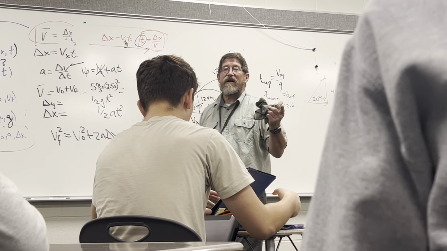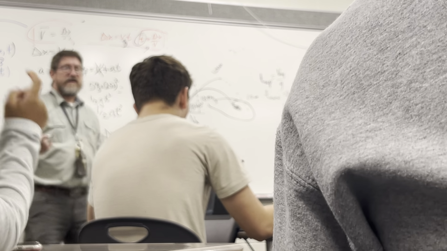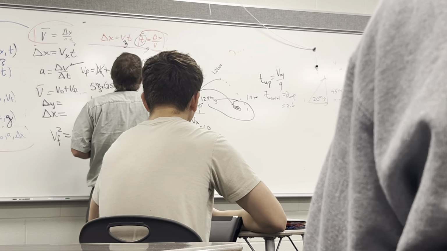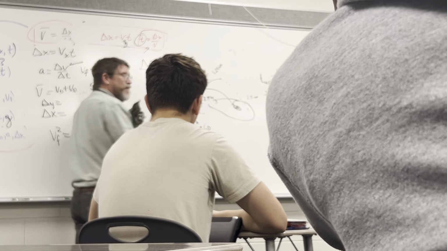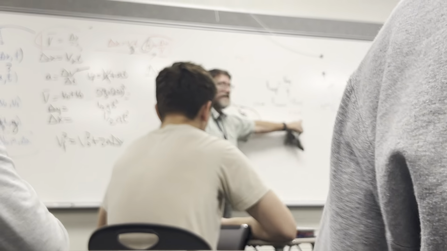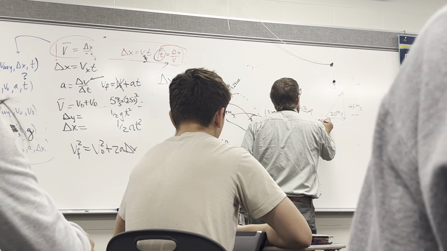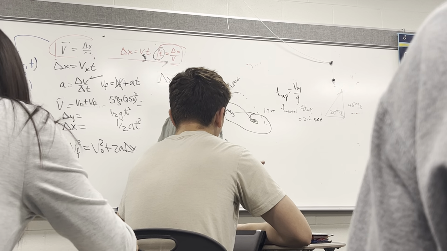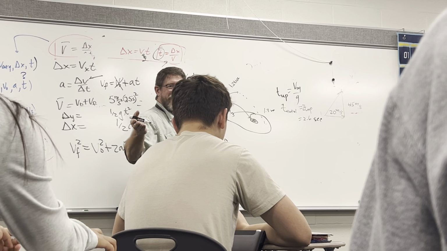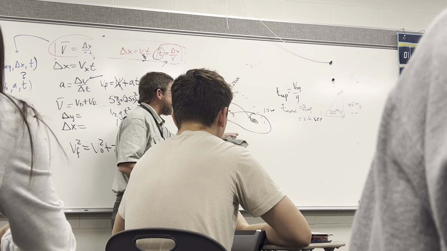Now, you can figure out how far does it go horizontally. Distance equals rate times time. 7.5 times 2.6 seconds. That's 15, and 4.2, that's like 19.2 meters. Sounds good.